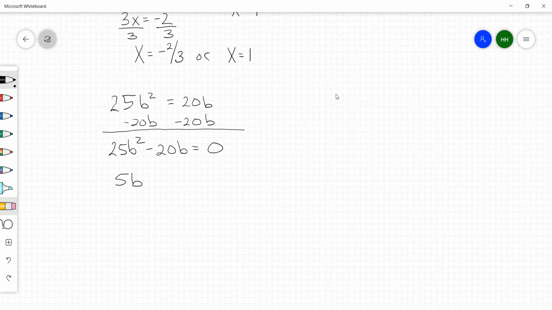So if you pull out a 5b, and you take 25b squared and divide it by 5b, you get a 5b. And 20b divided by 5b is 4. And all of that's still equal to 0. So 5b and 5b minus 4 are your two factors.